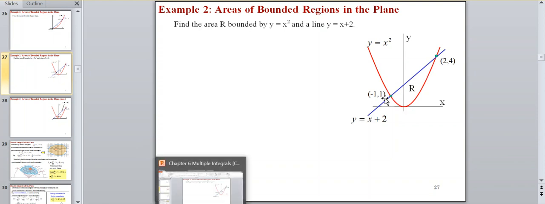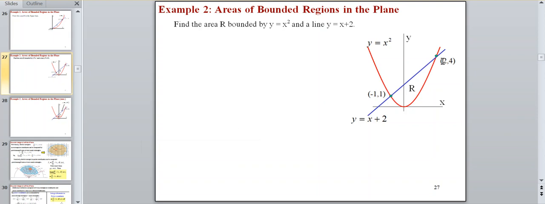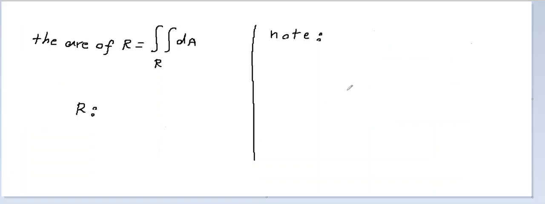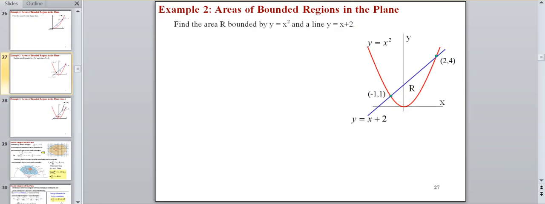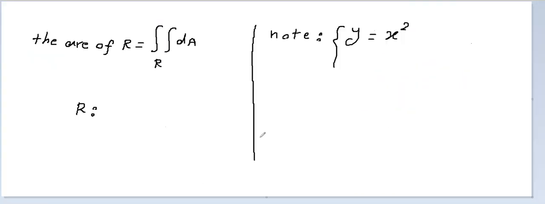We find these two points because they are the intersection points of this parabola and this line. So you have to solve this system of y equals x squared and y equals x plus 2.